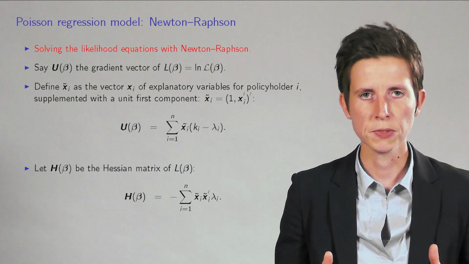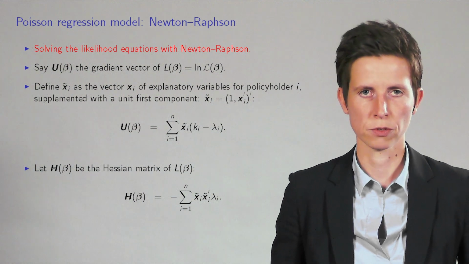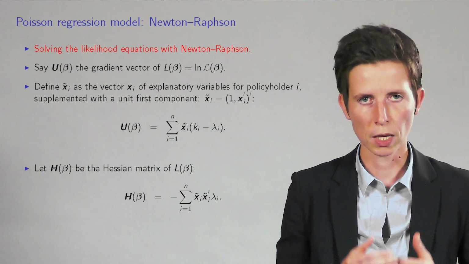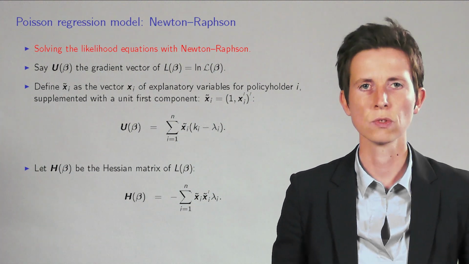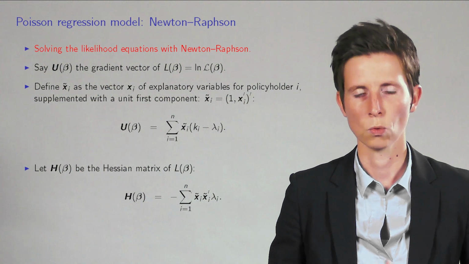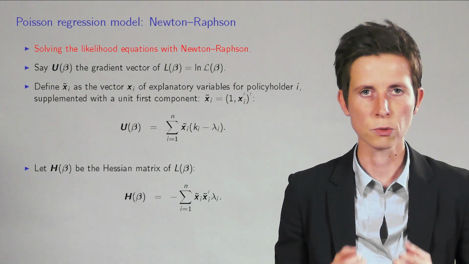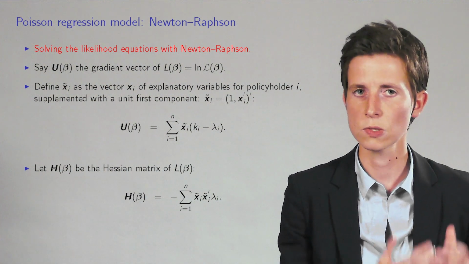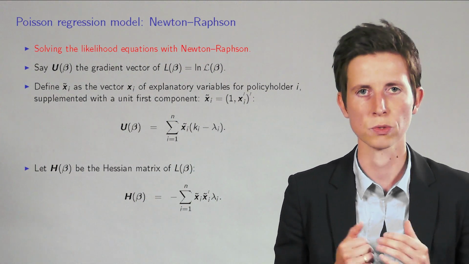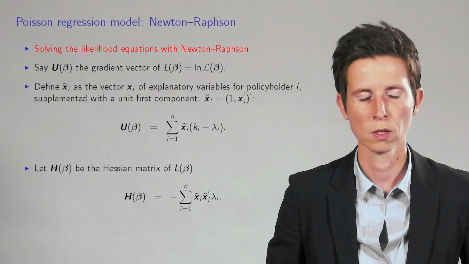Say u of beta is the gradient vector of the logarithm of the likelihood. That is the column vector which contains the first-order derivatives of the log likelihood. One can show that this gradient vector can be expressed as shown over here for our specific Poisson regression model.